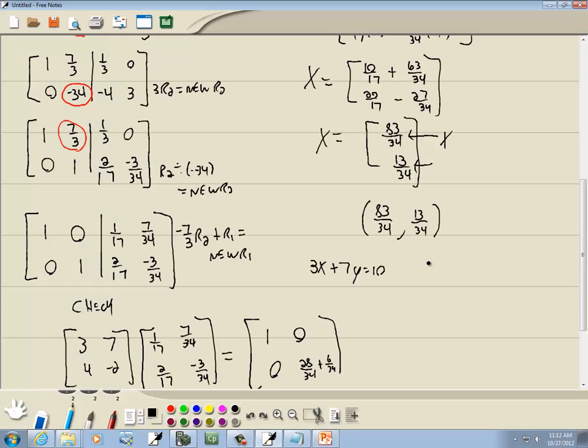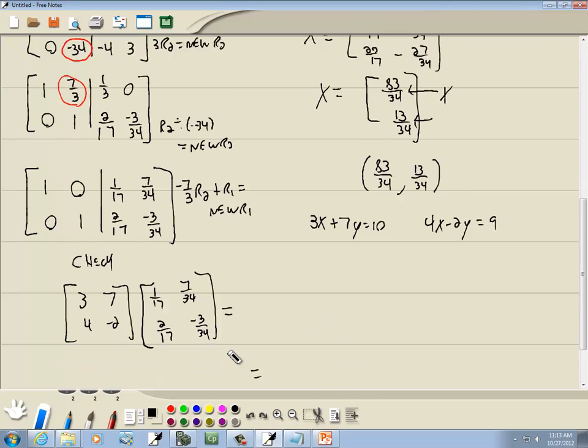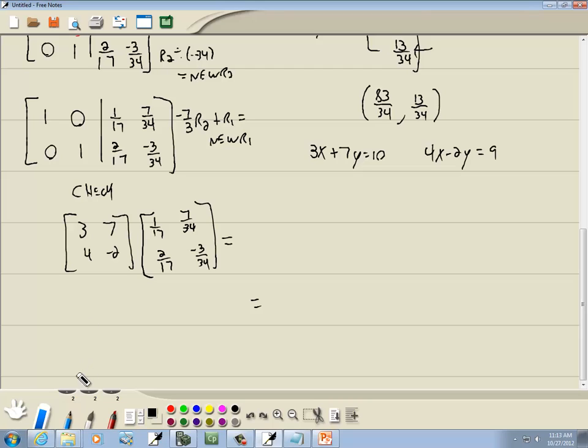We'll also check it into 4x minus 2y equals 9. Okay. So now we're going to plug in 3 times x, which is 83/34, plus 7 times 13/34. Now we're wondering if that's going to give us 10.